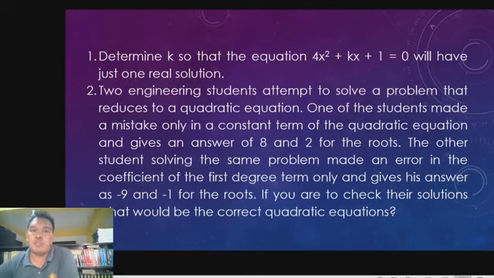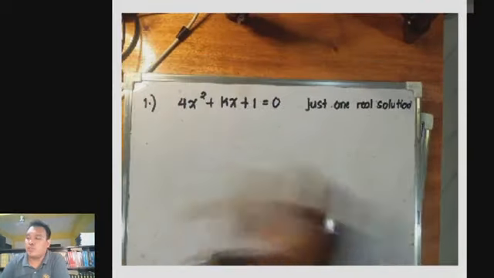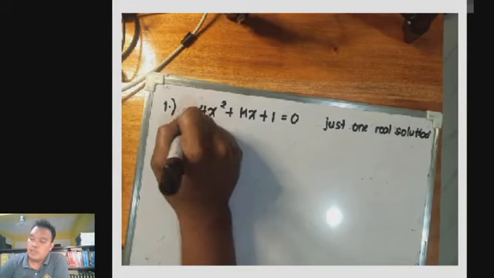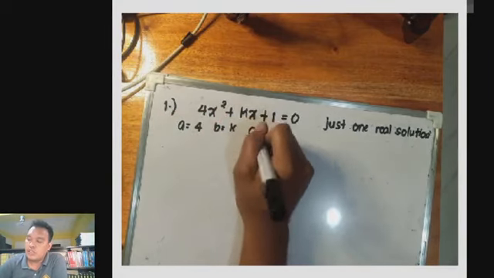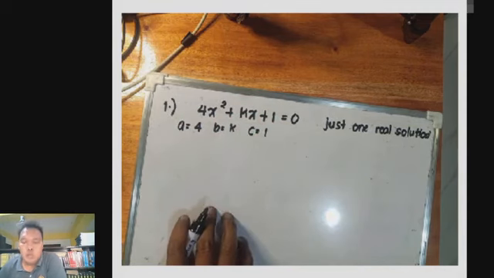Then yung isang condition niya ay just one real solution. Okay. So first, let's identify the value of A, B, and C in this equation. So we have A is equivalent kay 4, B is equivalent kay K, and C is equivalent kay positive 1.